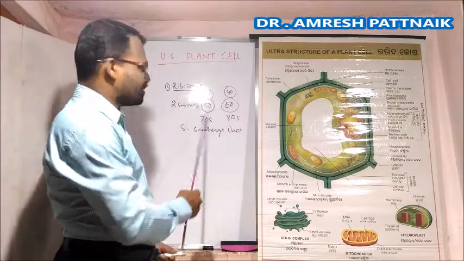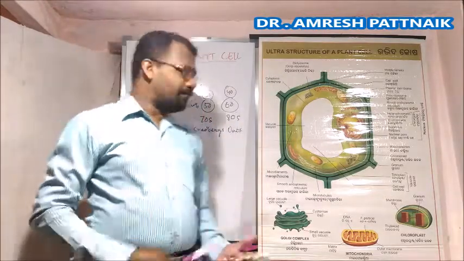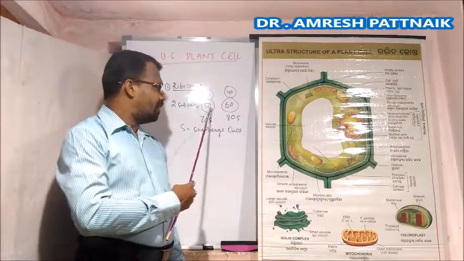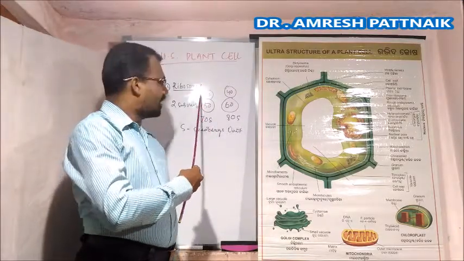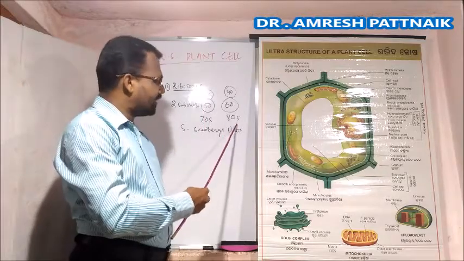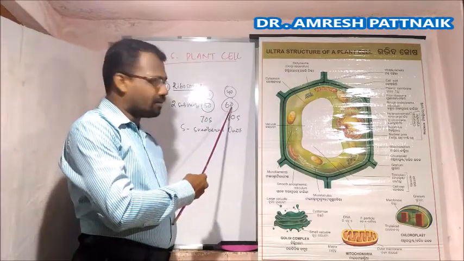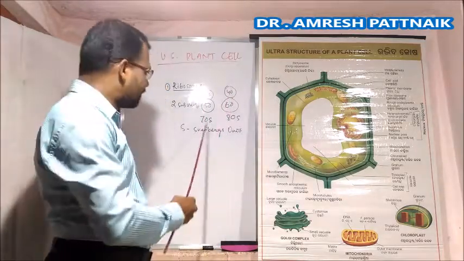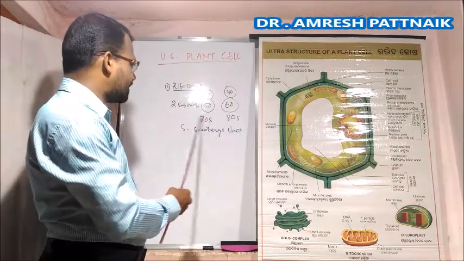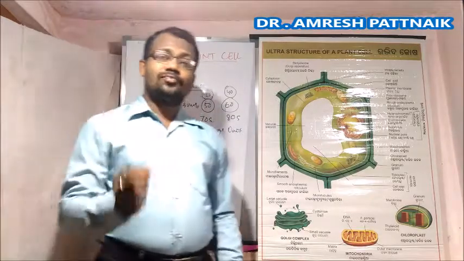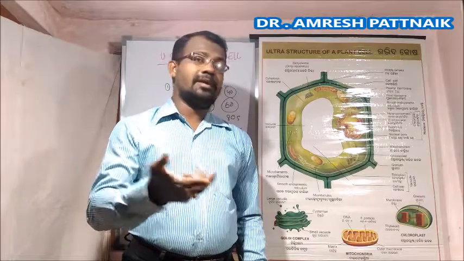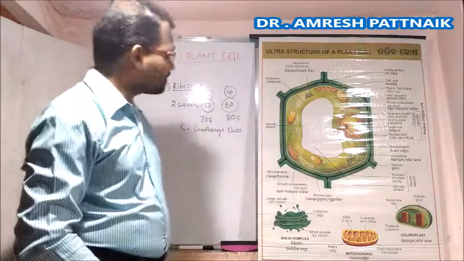These are ribosomes having two subunits. In case of 70S, 50 is the bigger subunit and 30 is the smaller subunit. In 80S, 60 is the bigger one and 40 is the smaller subunit. So in total 70S and 80S. S stands for the Svedberg unit, the unit that measures the ribosome.